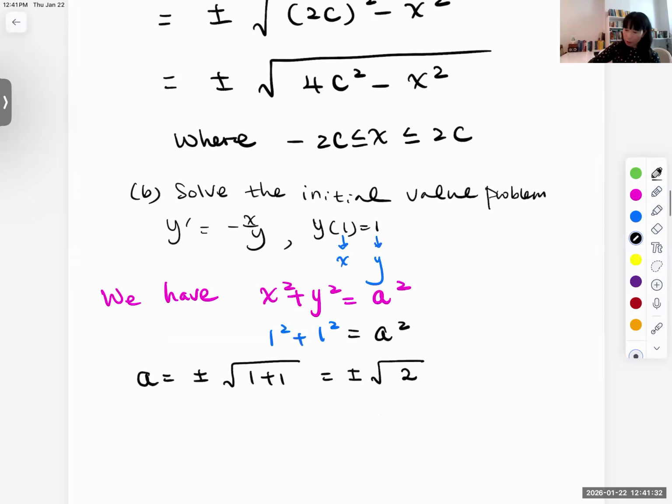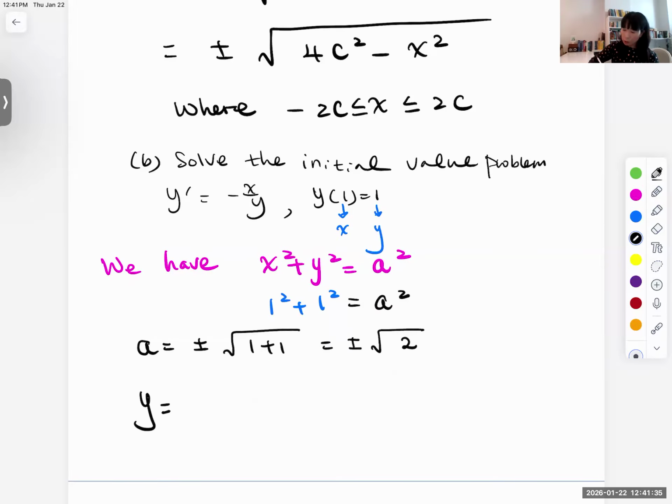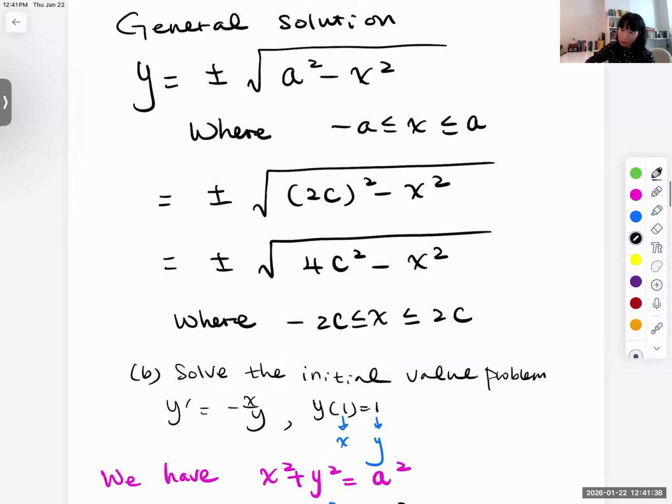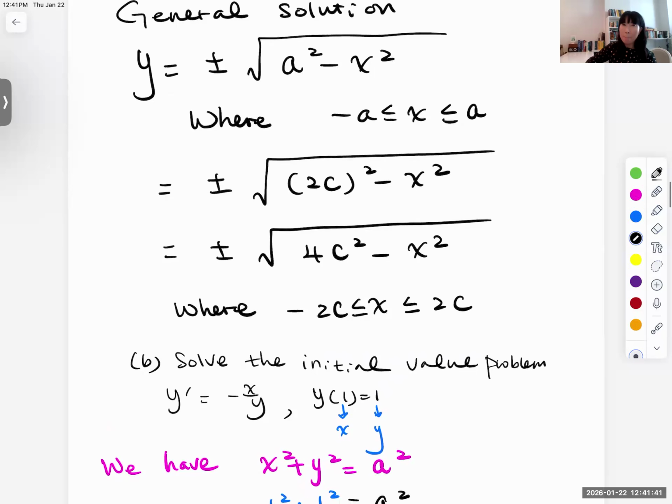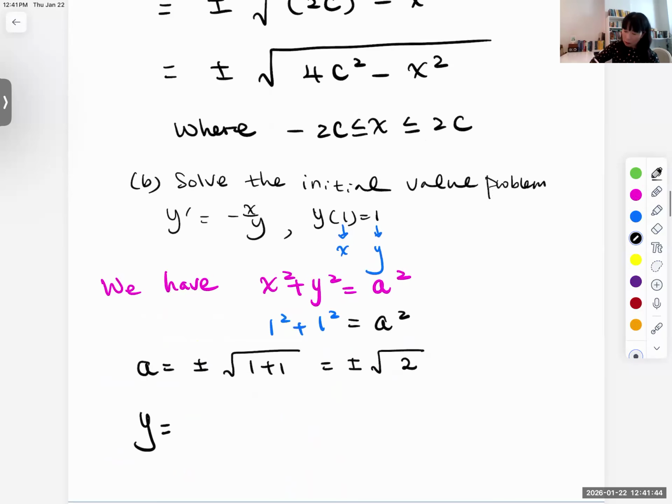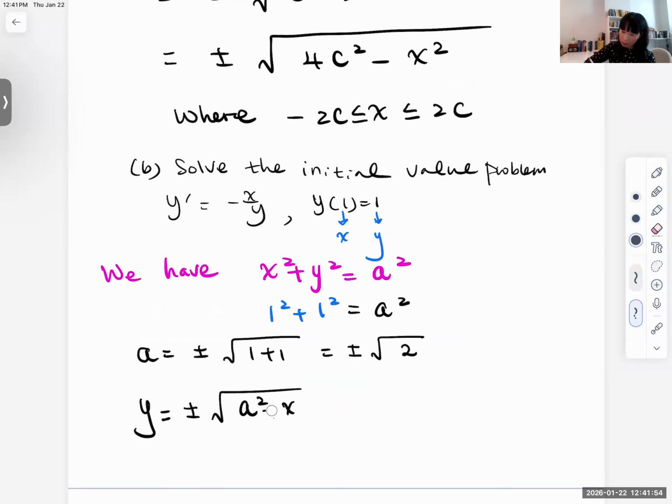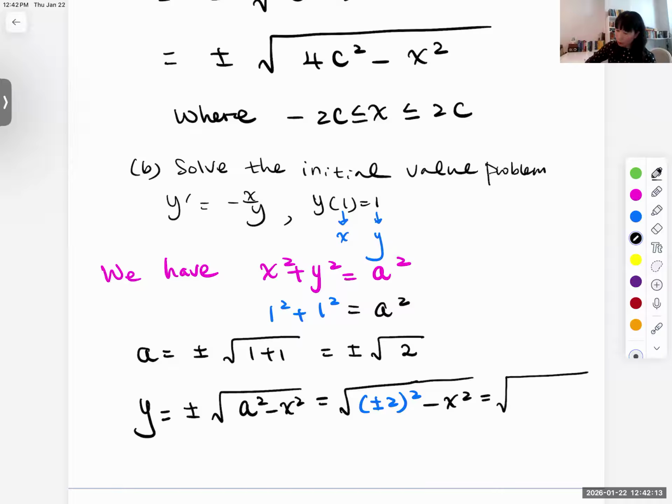So we can use y equal to plus minus square root of a squared minus x squared, which is plus minus square root of 2 minus x squared, right?